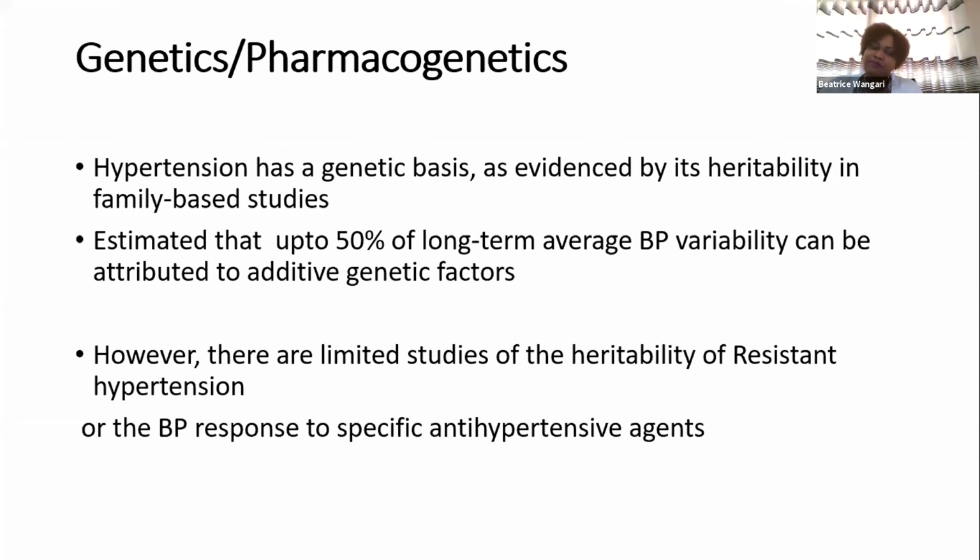I didn't want to dig deep into that because overall, there are very limited studies of the heritability of resistant hypertension, or the blood pressure response to specific blood pressure medications in patients with these genetic abnormalities. But it is thought that there is some heritability of hypertension.